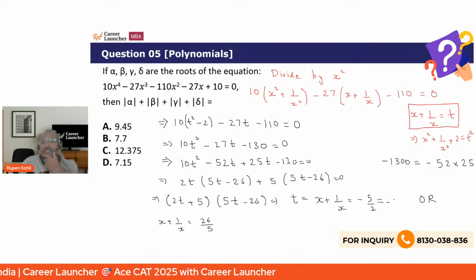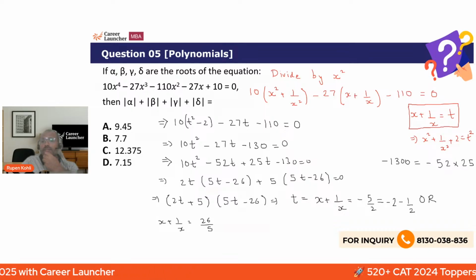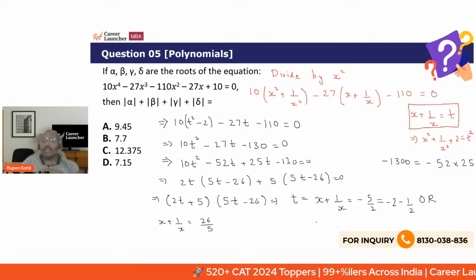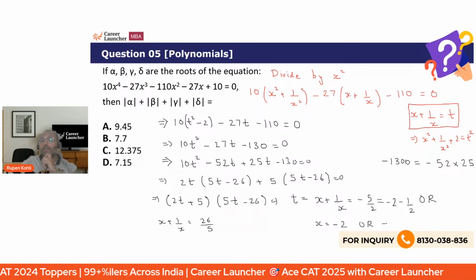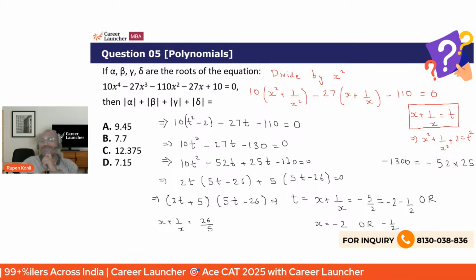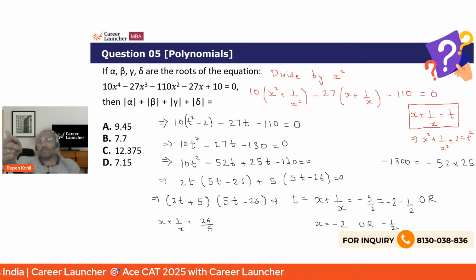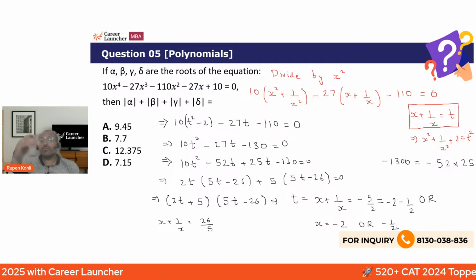Minus 5 by 2, isn't it minus 2.5? Minus 2.5 means basically minus 2 and minus half, which tells me that x is nothing but either minus 2 or minus 1 by 2. I hope you agree with me, right? x plus 1 by x is minus 5 by 2, which is minus 2 minus half.